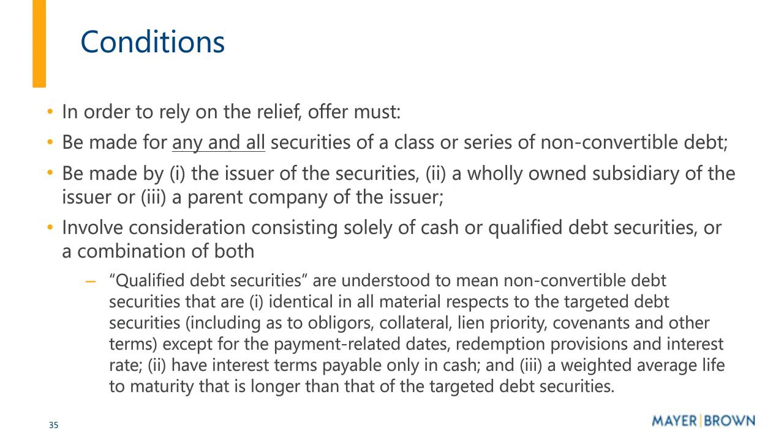They have to have interest that's payable only in cash and a weighted average life to maturity that's no longer than the debt securities that are the subject of the offer. So to the extent that you're thinking about maturity cliffs, this may not necessarily be as helpful.